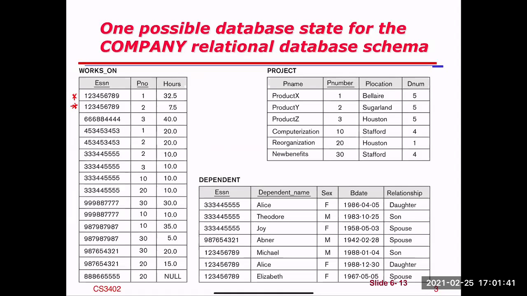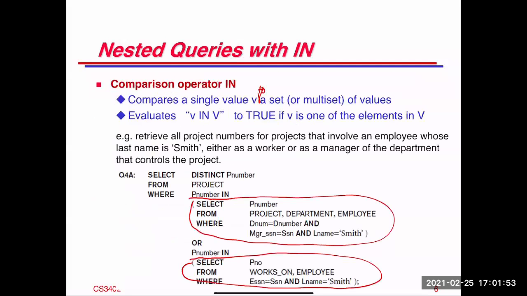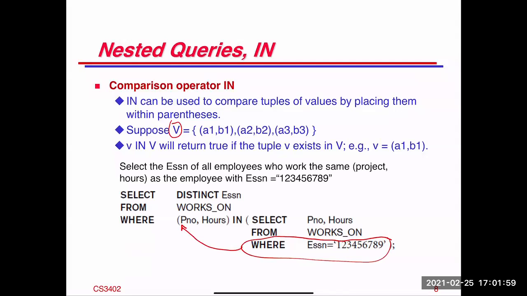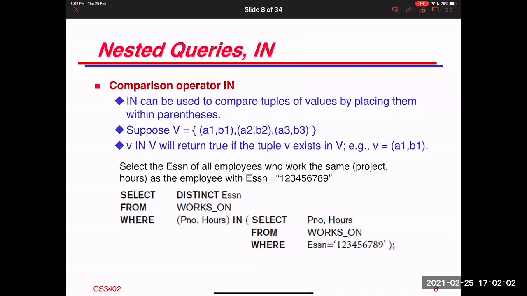So remember, this employee with this social security number has two tuples in the works on table, the first two tuples. So when I select this, I will get two tuples, as we just saw. So I can't use the equal sign here, because I can only use the equal sign between single values, not between a value on the left-hand side and a set on the right-hand side.